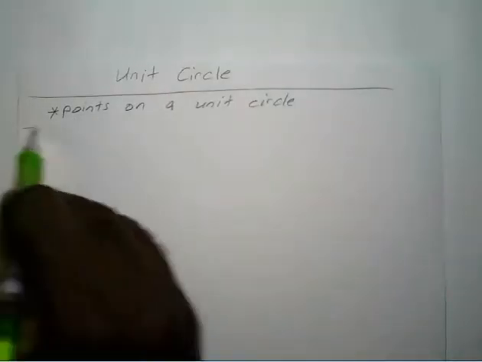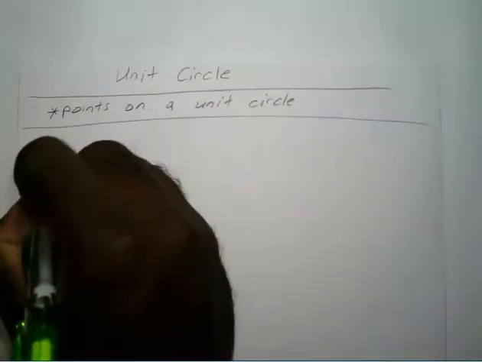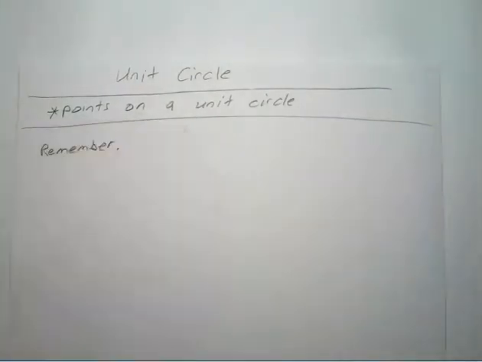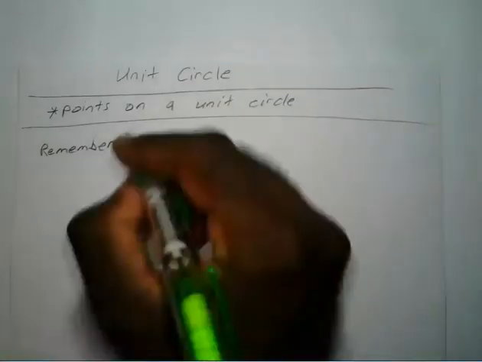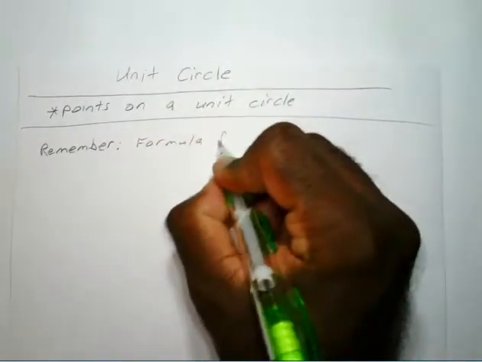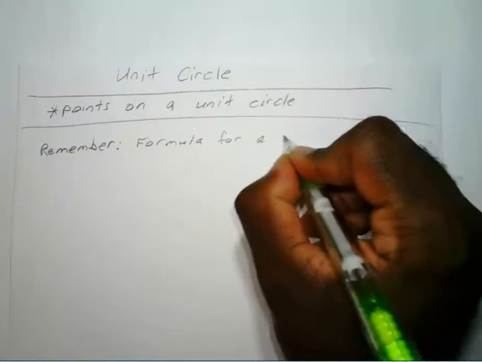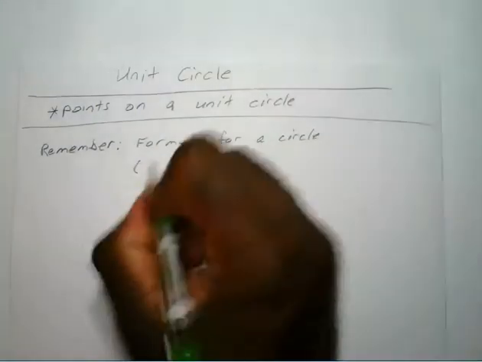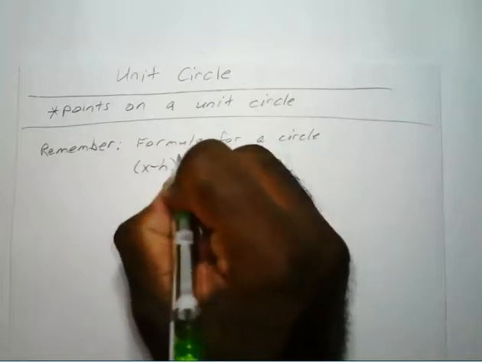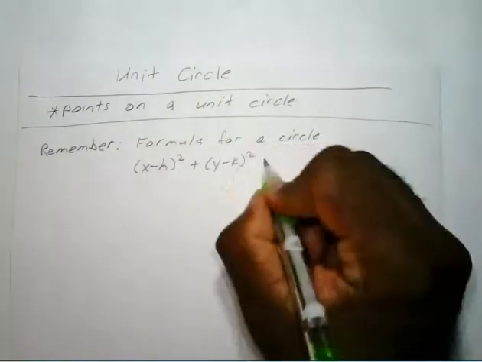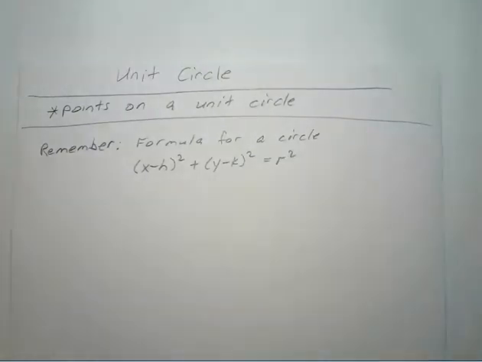Alright, so if you remember, you have the formula for a circle, which is x minus h squared plus y minus k squared equals your radius squared.